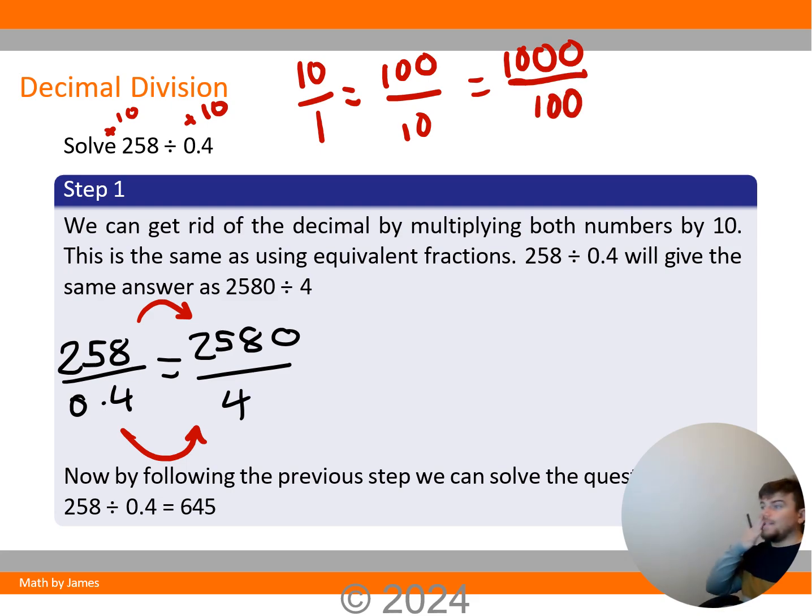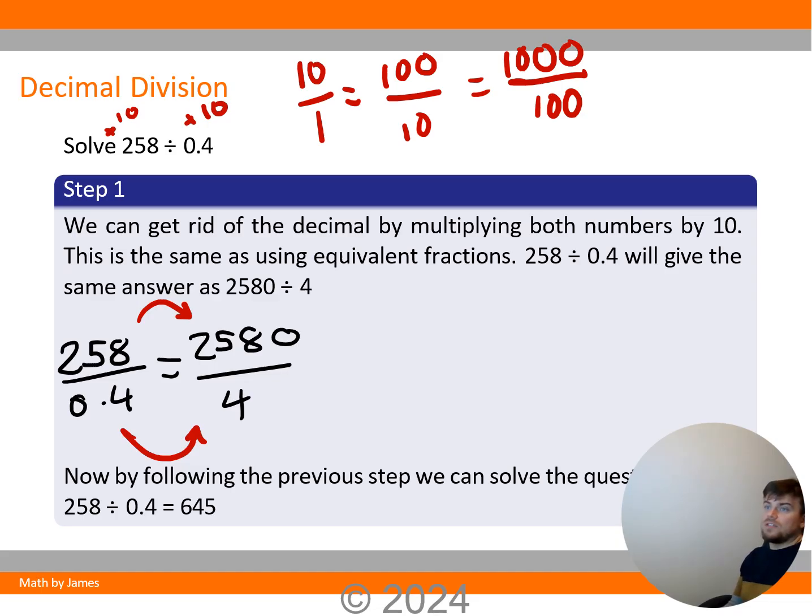Because when we divide, essentially dividing is seeing how many numbers we can fit in. We're looking at how many can be fitted into the number. So for example, we can fit 10 ones into 10, and 10 tens into 100, and 10 hundreds into 1,000. So it's really important to carry out this process.